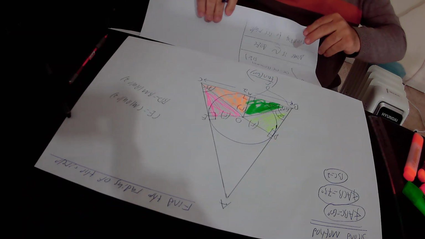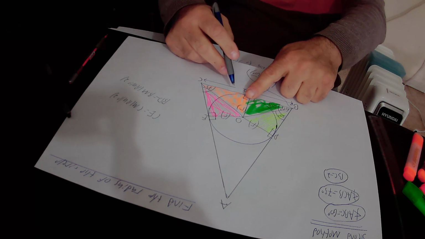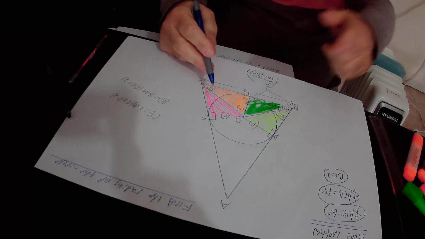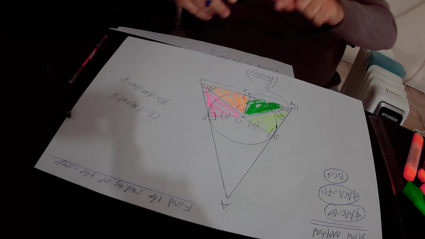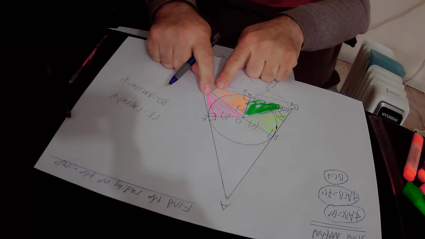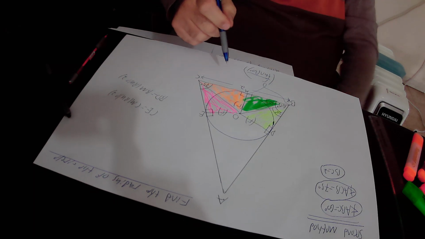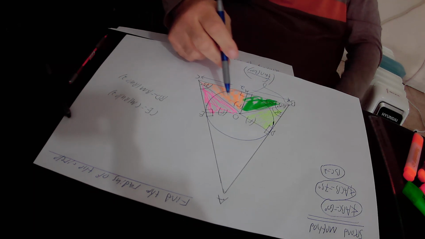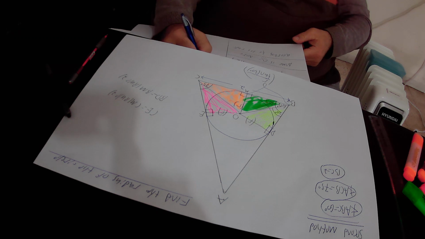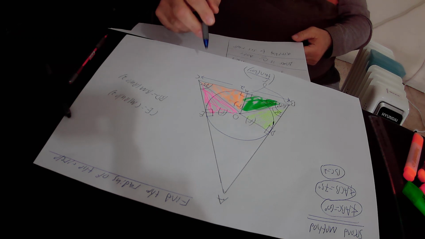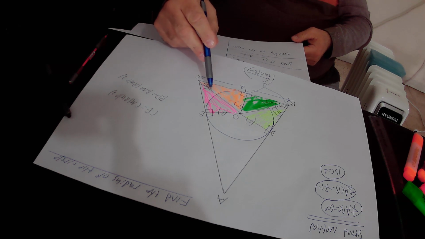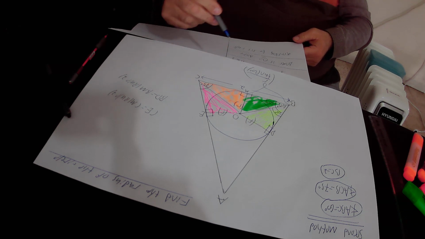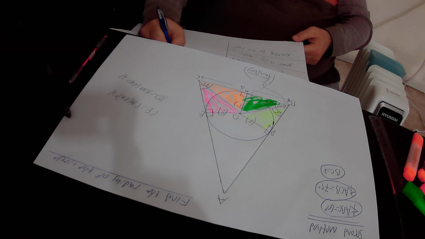And from the fact that the orange triangle is congruent to the pink triangle, we derive that those two angles are equal to each other. So this is angle MCO in the orange triangle, and it is equal to this angle, this is actually angle OCE in the pink triangle.